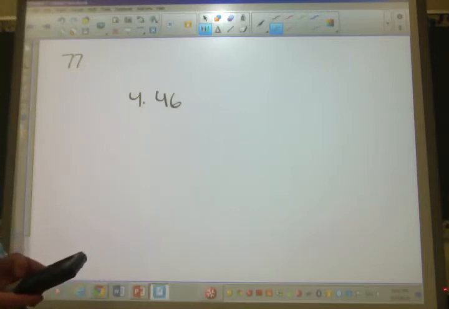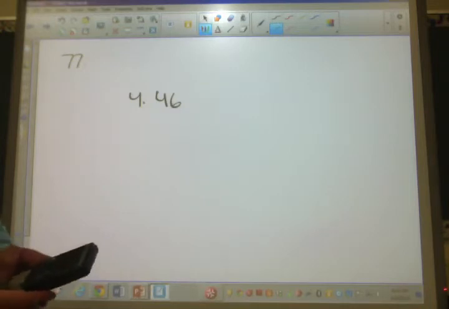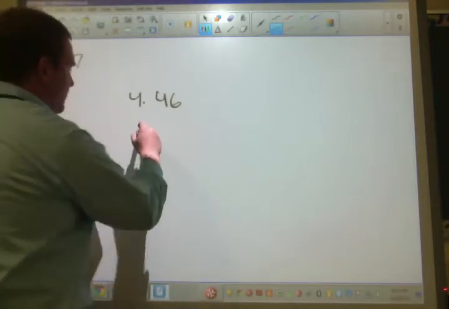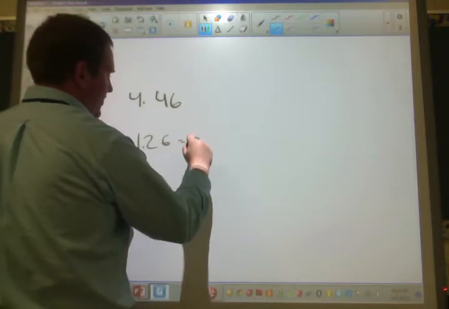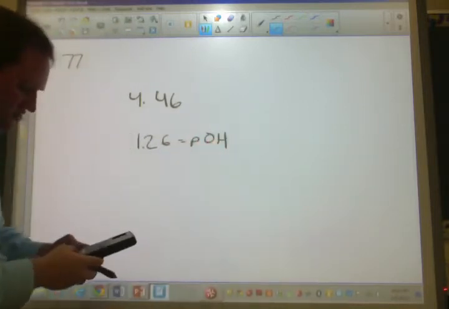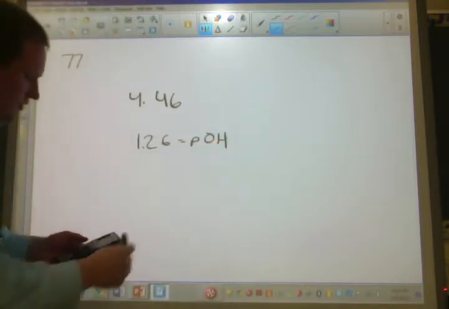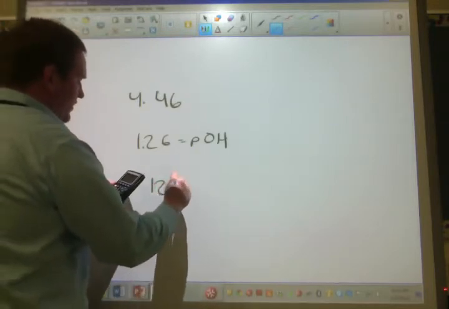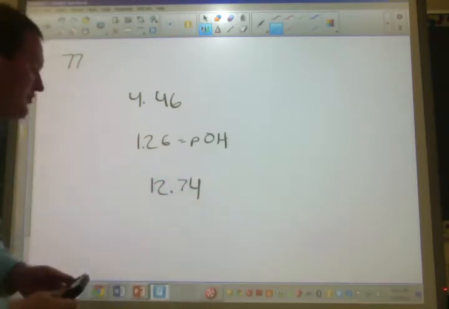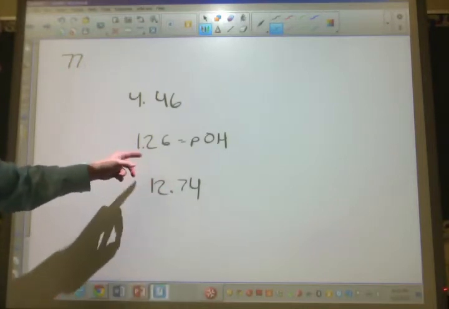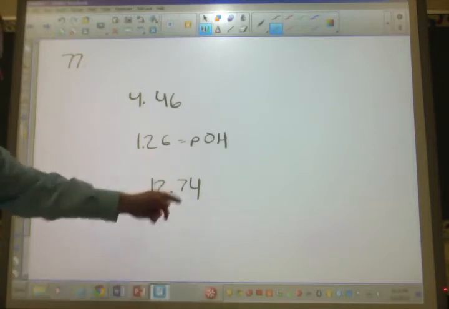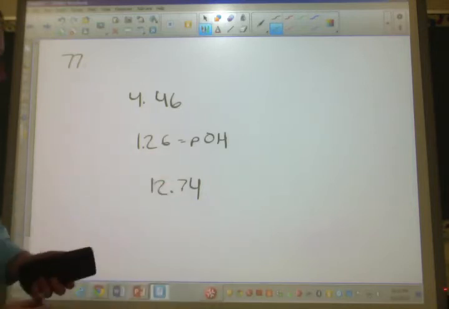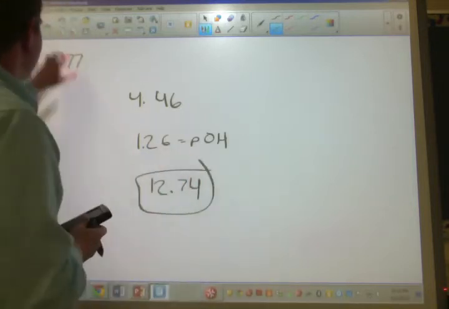So pOH is negative log of the OH minus, so negative log of 0.0552 gives me 1.26, and that's my pOH. Well, pH is 14 minus this, so it's just 12.74. And you might think I had too many sig figs here. Well, really, when you subtract, you include the number of decimal places here. So that's my pH, the third one.